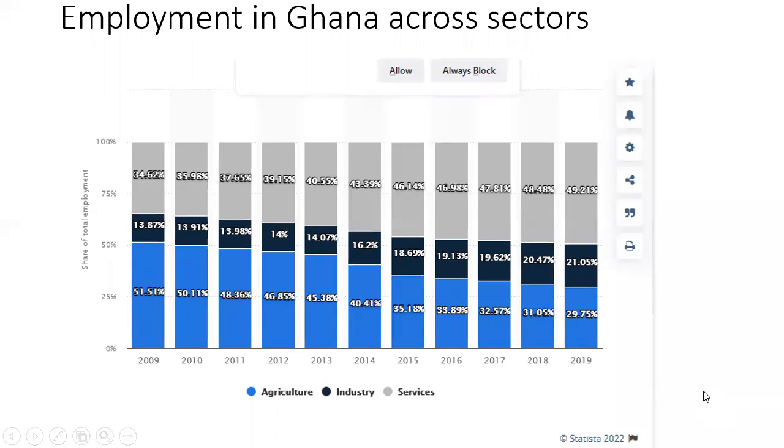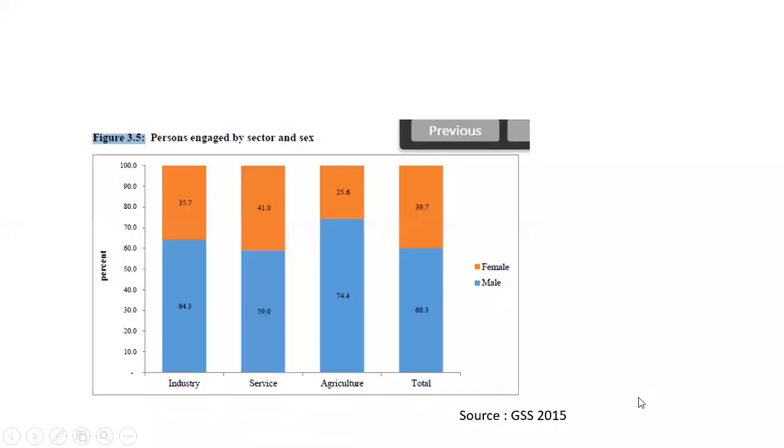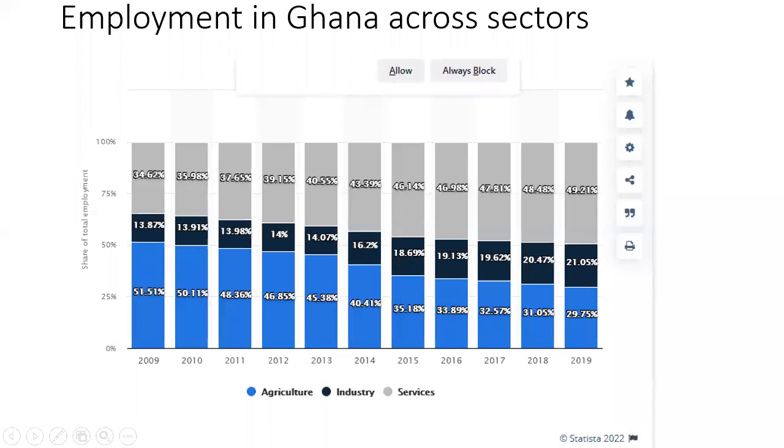Now, when it comes to the area of industry, we can also see that industry keeps rising, so we seem to be doing it right when it comes to industry, where we have grown from 13.87% all the way to 21% as at 2019. But there is more to be done.